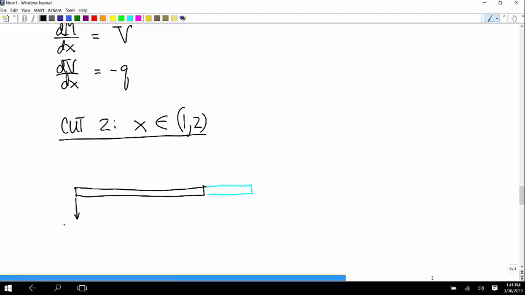We still have the downward force of 333.3 repeating. Now we have the force at the midpoint. I'll put it up here just to not clutter. What was the magnitude of that force? 1343.3 repeating.